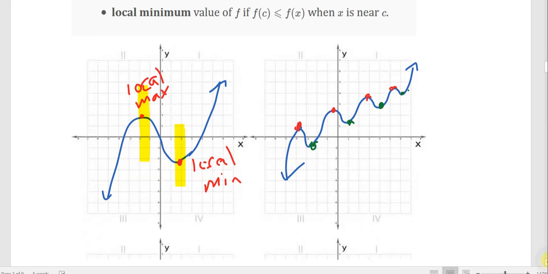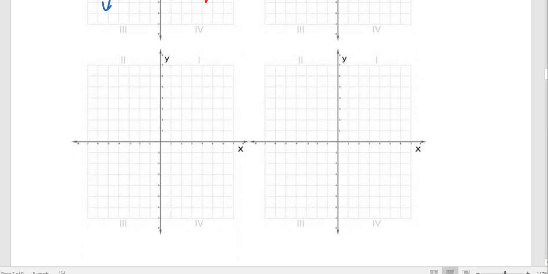So there are lots of functions that have those. You just have to graph them and see.